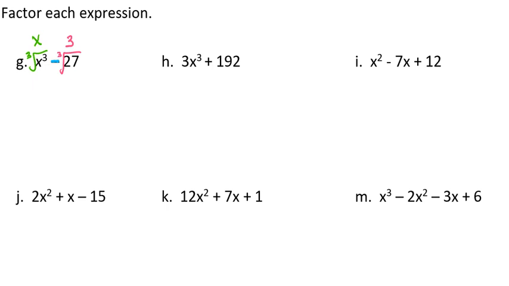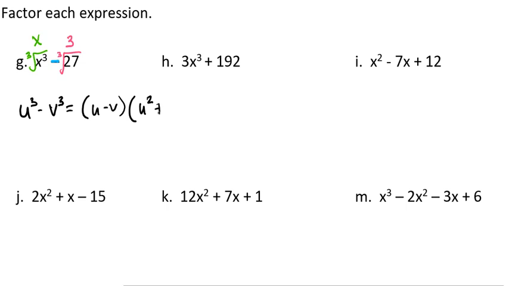There's a formula for factoring the difference of two cubes, which is if you have u cubed minus v cubed, that can be factored as u minus v times u squared plus uv plus v squared. And so we're going to go ahead and use that.